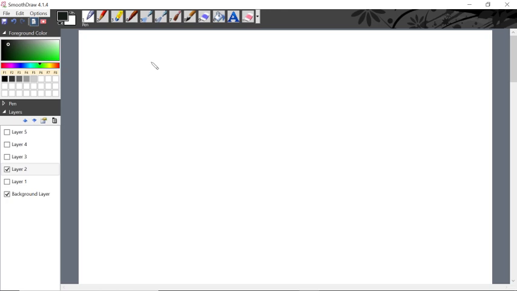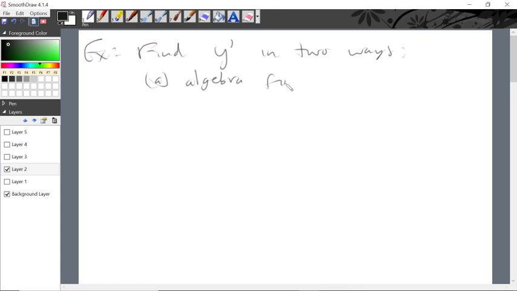But that does not mean that we always need to use the product rule, however. Let's take a look at an example where you have an option. Find y prime in two ways. A, we'll do so by doing algebra first, that is to expand and then differentiate.